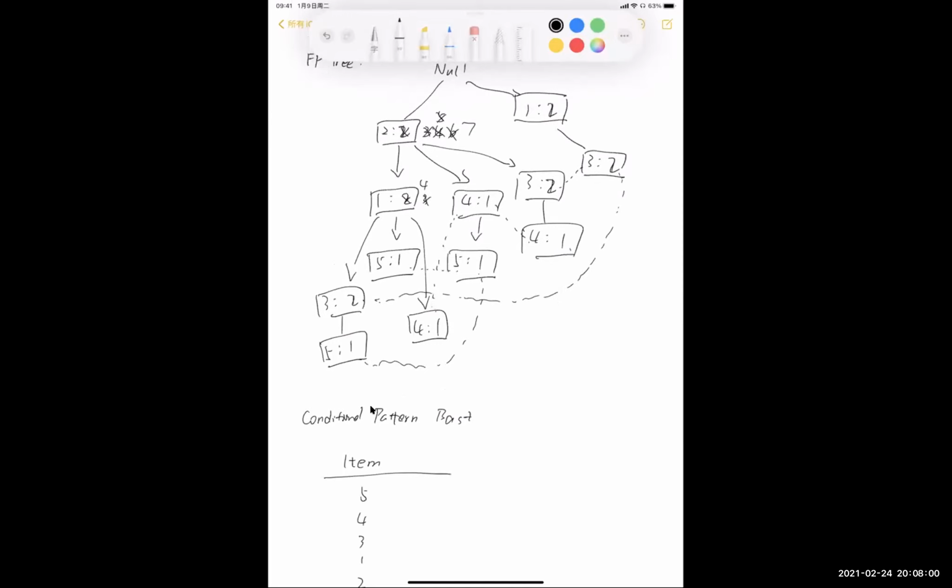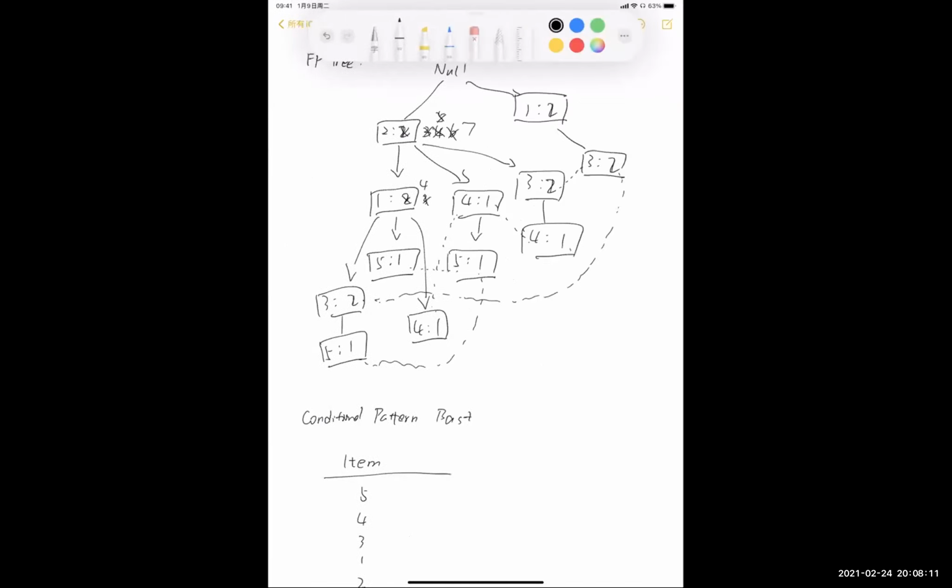So let's look at item 5. What will be the conditional pattern base? Let's see, I'm not sure. 2, 1, 5. 2, 1 is count as 1.